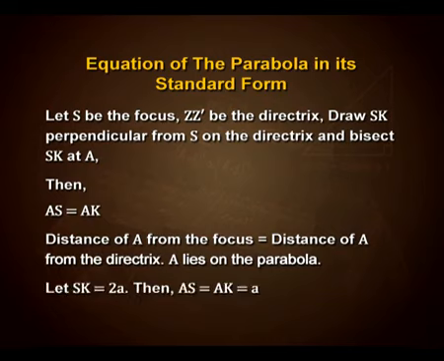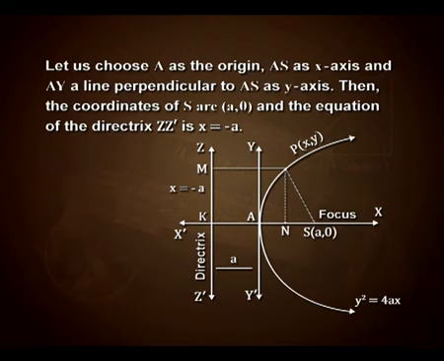Let SK be equal to 2a, then AS is equal to AK, that is equal to a. Let us choose A as the origin, AS as x axis and AY a line perpendicular to AS as y axis. Then the coordinates of S are (a, 0) and the equation of the directrix ZZ' is x is equal to minus a.